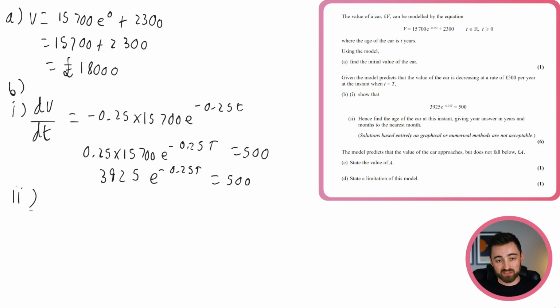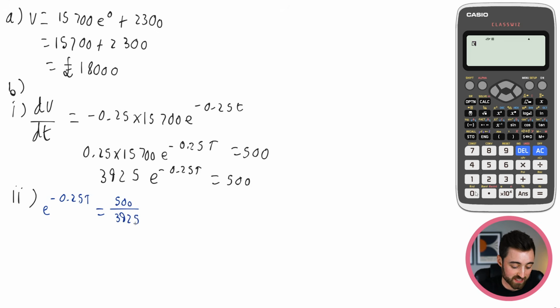Okay, we just need to solve this equation, don't we? Divide both sides by this to isolate the e. So I'm going to get e to the minus 0.25t equals 500 over 3925. Let's just see if this simplifies at all. 20 over 157. Nothing too crazy, but it's worth having. Okay, so how do I undo e's now?